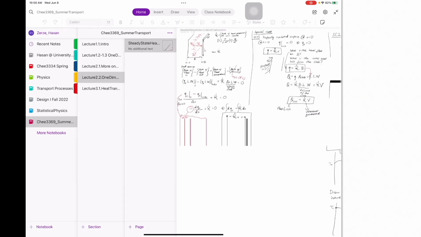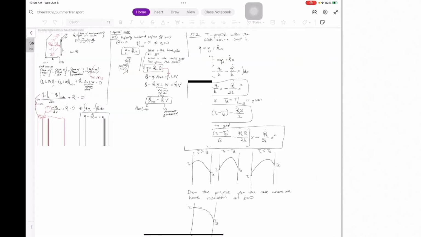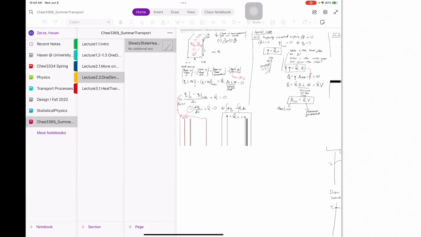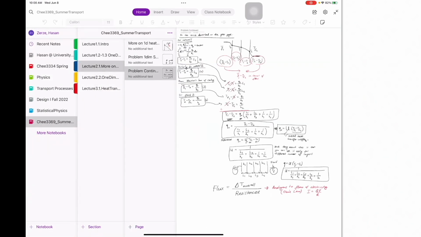We solved more examples on one-dimensional heat transfer. We combined the conduction with the convection, and we also talked about heat generation, how to tackle problems which have heat generation involved. We learned about the overall heat transfer coefficient, which is U, which can be written by a combination of heat transfer resistances.